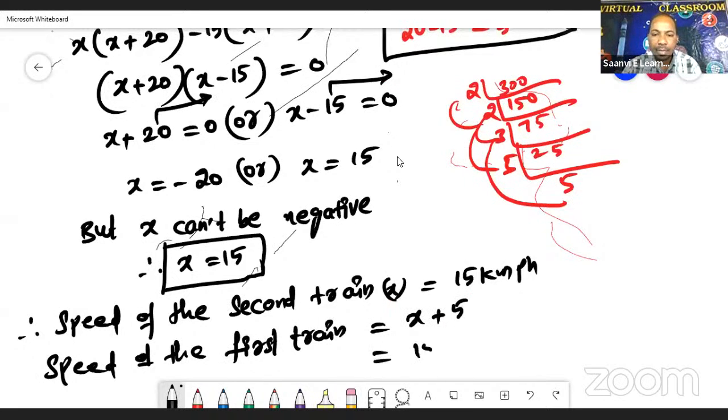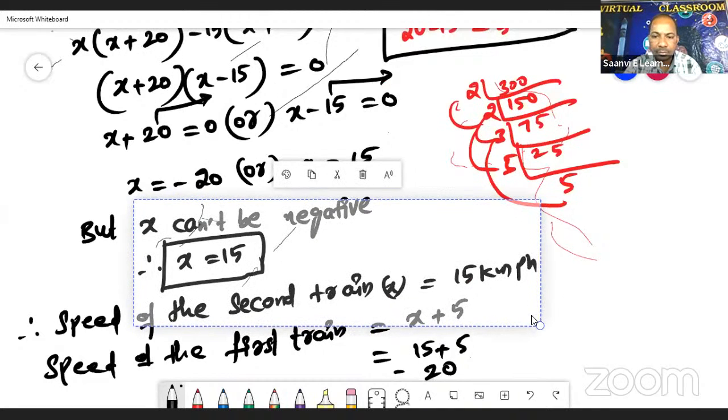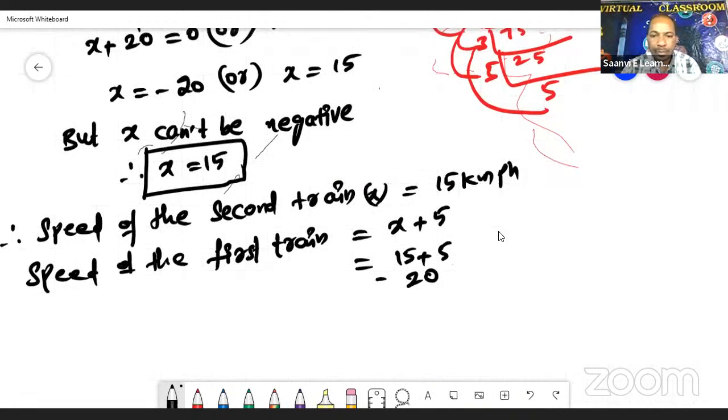It means 15 plus 5, that is equal to 20 kmph. Speed of the first train is 20 kmph, speed of the second train is 15 kmph. Okay, children, did you understand?